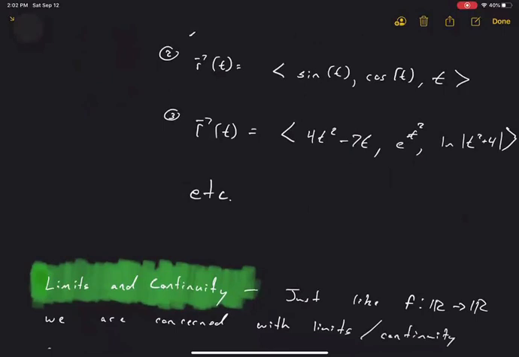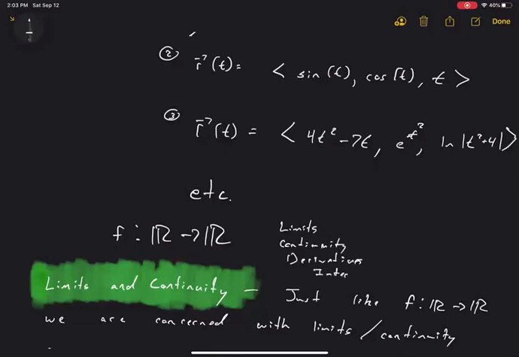Now, just like with our functions from Calc 1 and Calc 2, when we were looking at these functions, we talked about limits of these functions, continuity, derivatives, integrals, and so on. So those are the four big topics for a function of a single variable, right?